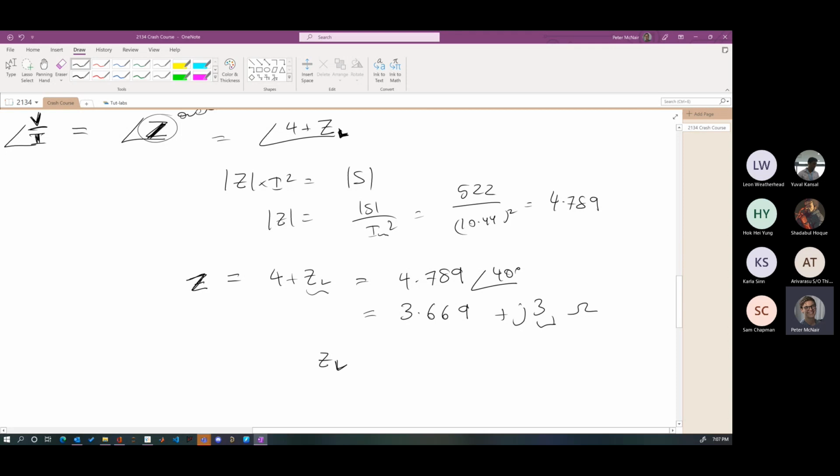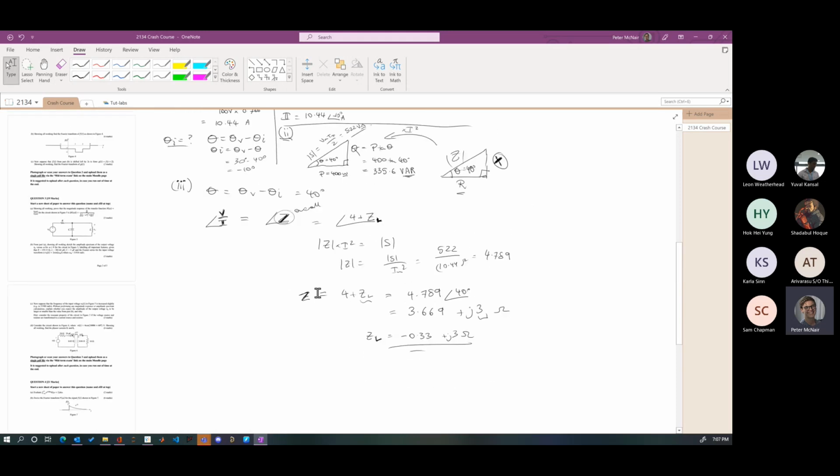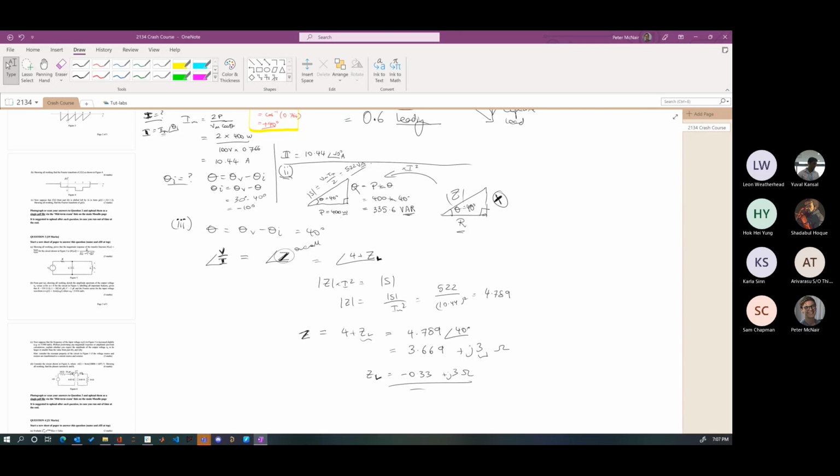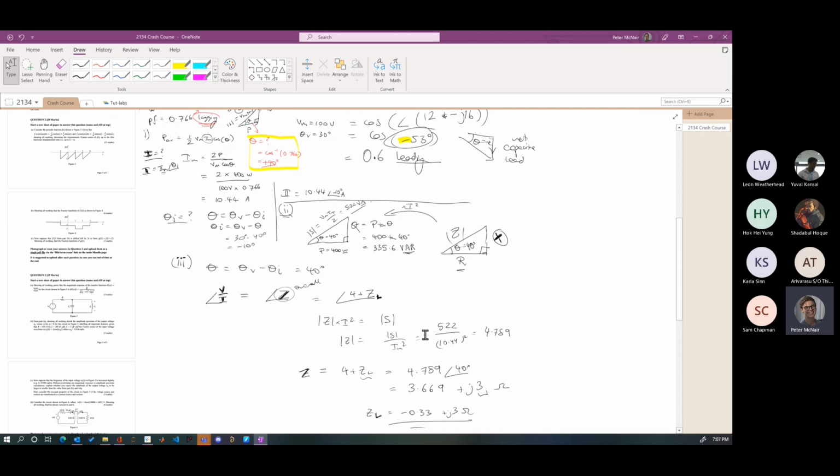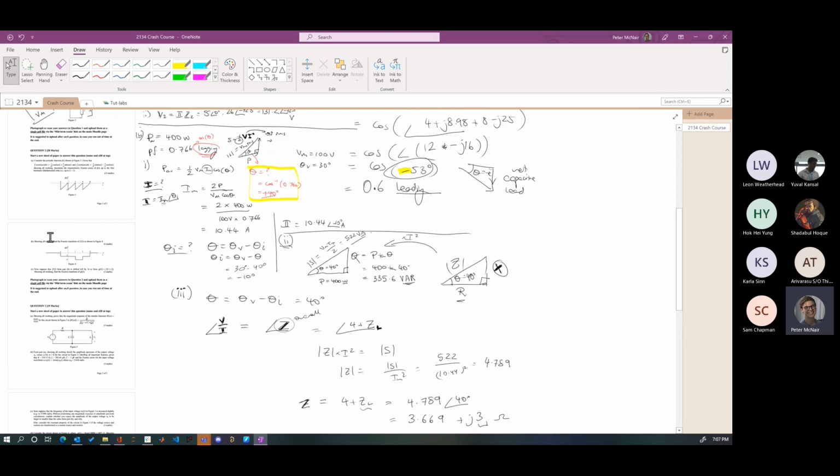So ZL is equal to 0.669 plus j3 ohms. So if anyone's spotted any mistakes in here, just let me know. But essentially, this is one method to do it. So it's not the method, it's just one method.